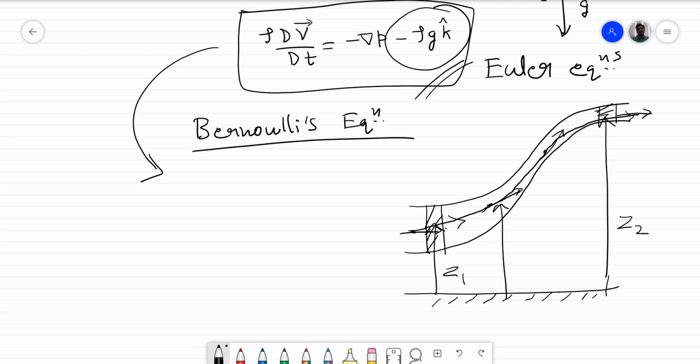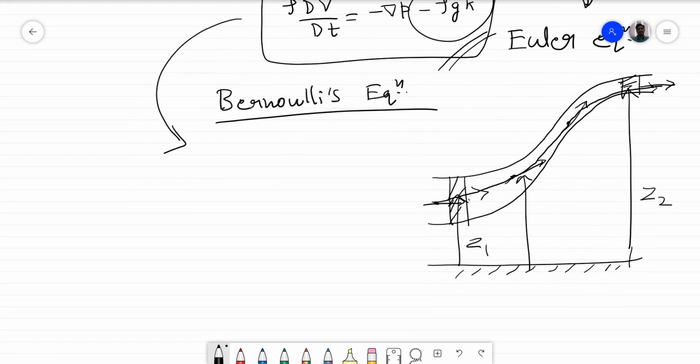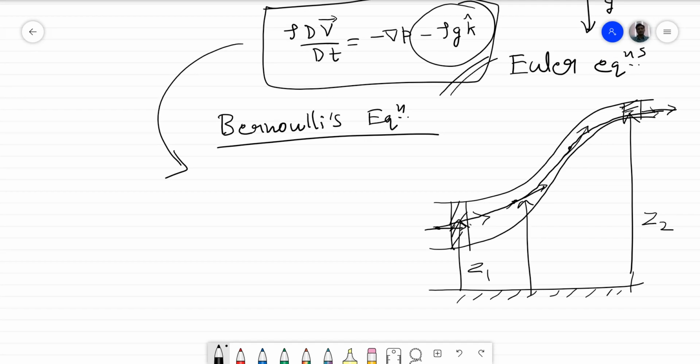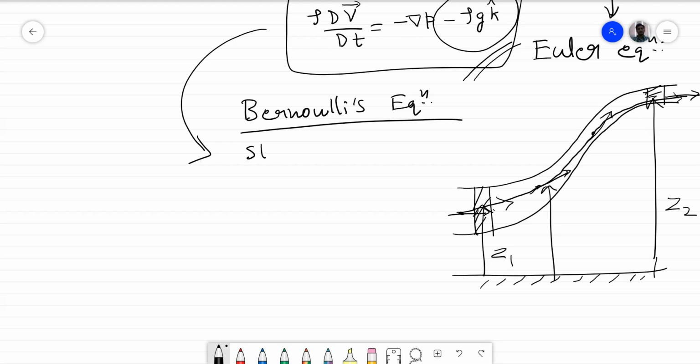But if a flow is steady, then a streamline does not change. It remains the same, and both path line and streak lines are same as the streamlines for a steady flow. So Bernoulli's equation is also valid only for a steady flow. So these are the assumptions here.